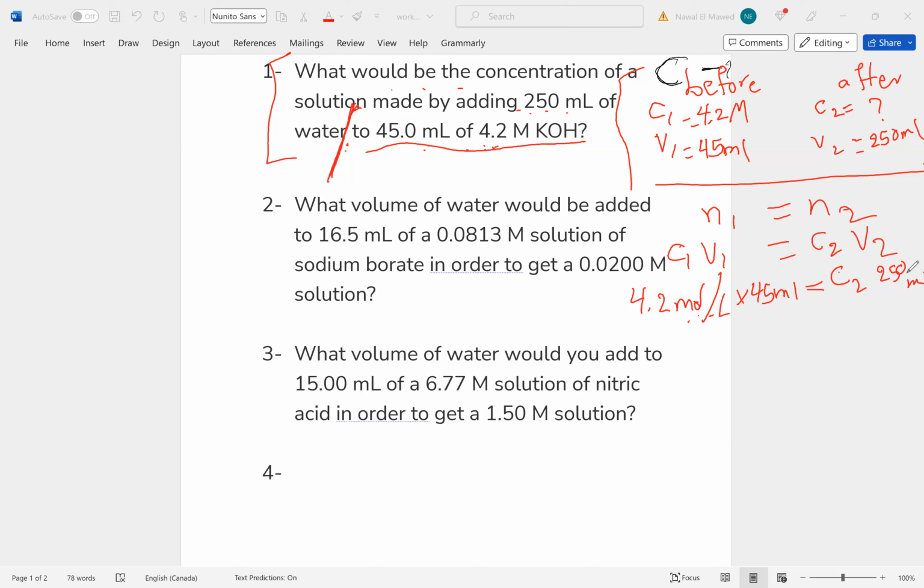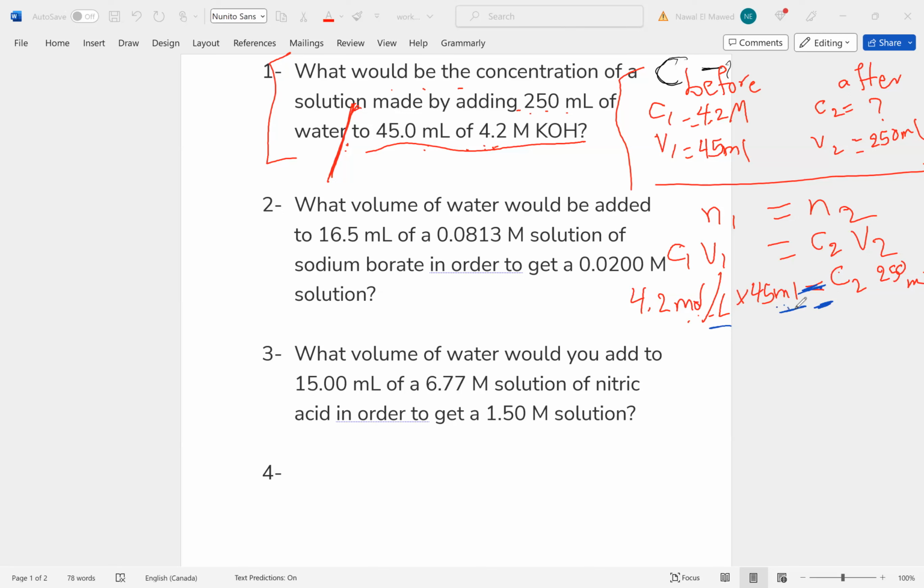The units. Here is liter and here is milliliter. Did you recognize? Okay, but it doesn't matter. Do you know why? Because of this equal sign.